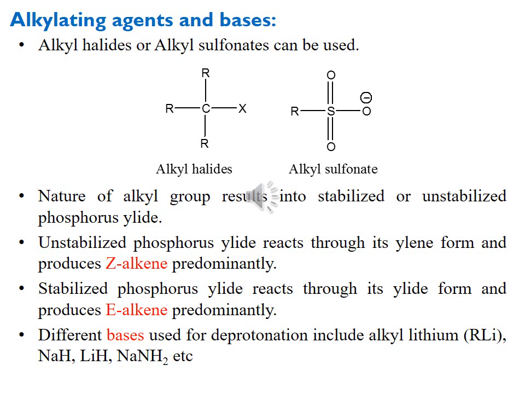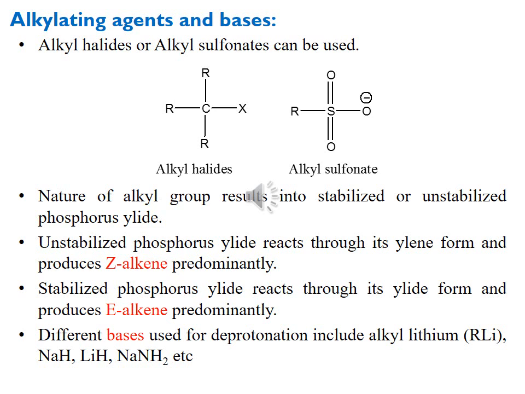The nature of the alkyl group used defines the nature of the phosphorus ylide, that is, whether it will be stabilized or unstabilized phosphorus ylide, because if it contains electron donating species only, then it will form unstabilized phosphorus ylide. And if this alkyl halide contains electron withdrawing species or conjugating species, then this will form stabilized phosphorus ylide.